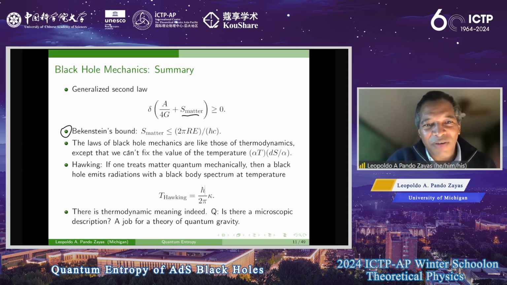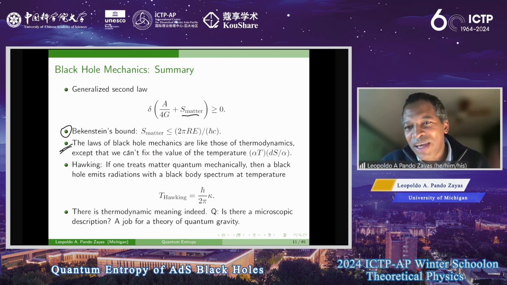Now, the laws of black hole thermodynamics, as I have stated them here, do not fix the temperature, because you see, you always have kappa dA. So if you multiply and divide this term by some constant alpha, it remains unchanged. So the important aspect of the computation that fixes this alpha is Hawking's computation of Hawking radiation, essentially.